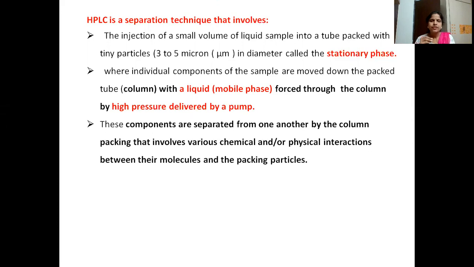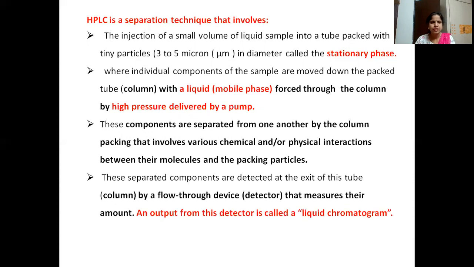When the liquid is pumped into the column, and after loading the sample, the separation of the sample depends on the interactions between the sample components and the stationary phase. Depending upon their affinity towards the stationary phase, the components present in the sample get separated.